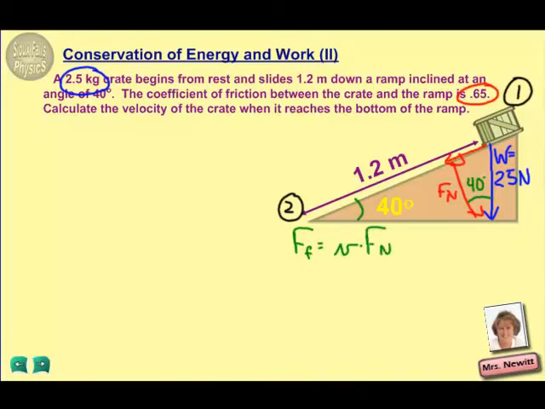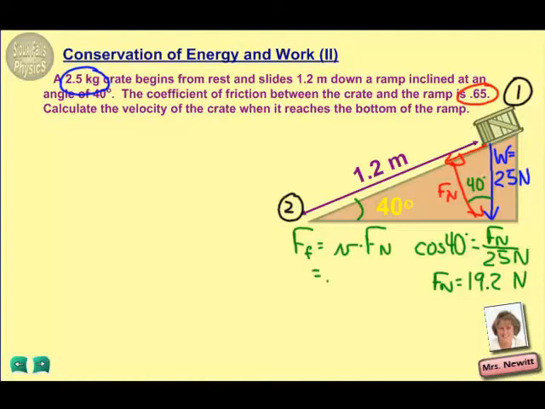And in this case, to find the normal force, that's the adjacent side to the 40-degree angle. So we would say that cosine of 40 degrees is equal to the normal force divided by the weight, which is 25 newtons. And we find that the normal force then is 19.2 newtons.